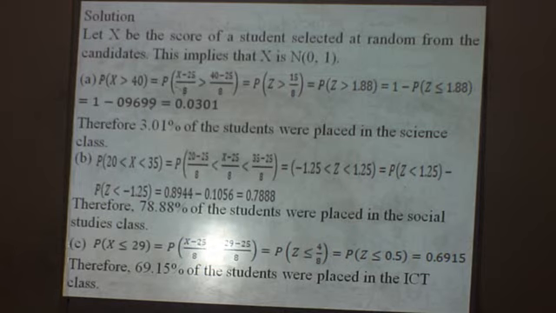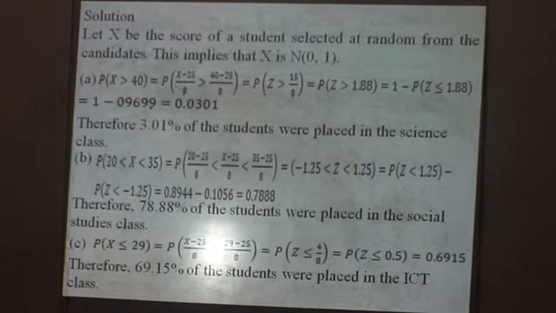Then with this, we subtract the probability of Z less than negative 1.25 from the probability of Z less than 1.25, which we will end up getting.